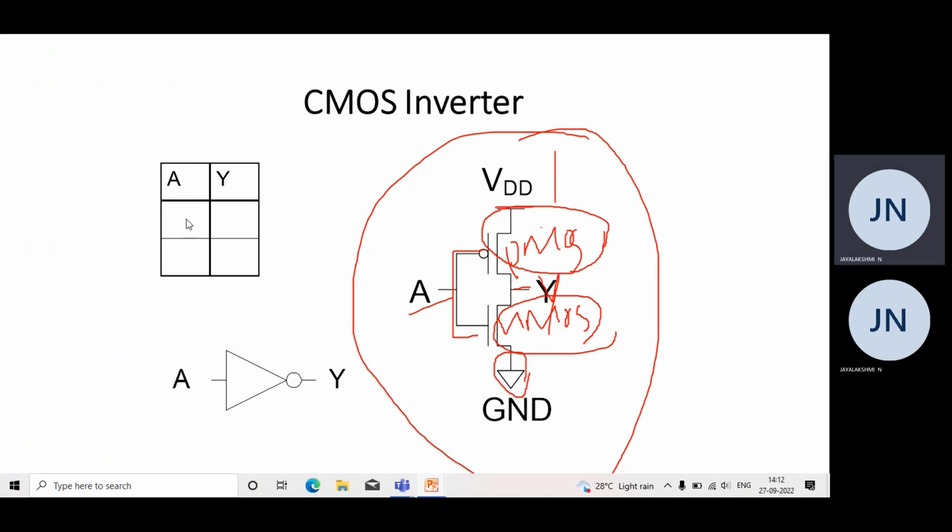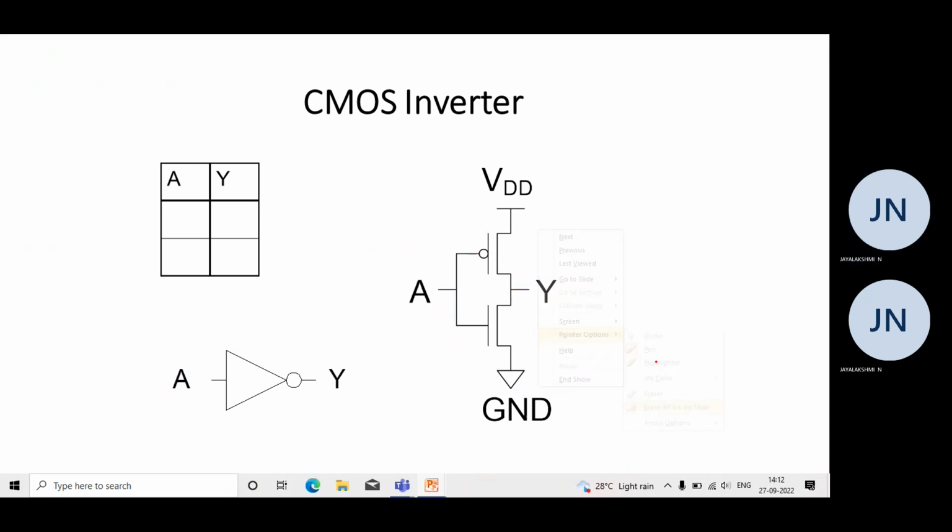Coming to the truth table of the CMOS inverter, suppose you are giving 0 as input at A. The PMOS transistor value is 1, so that it is on, and the NMOS transistor value is 0, so that it is off.